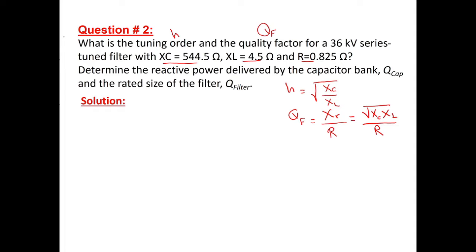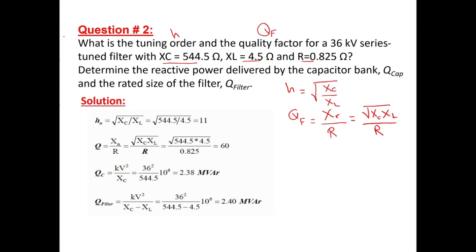That will give us the quality factor. Okay, so those are the values. Then he said determine the reactive power delivered by the capacitor bank, and what will be the size of the filter.